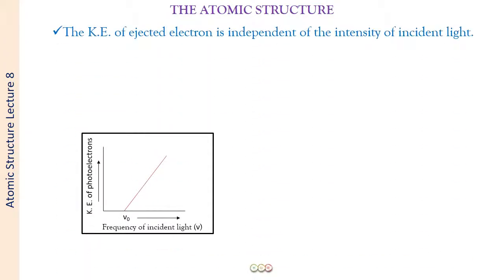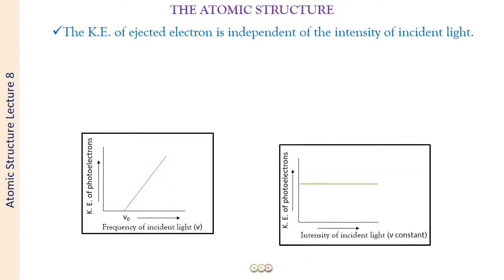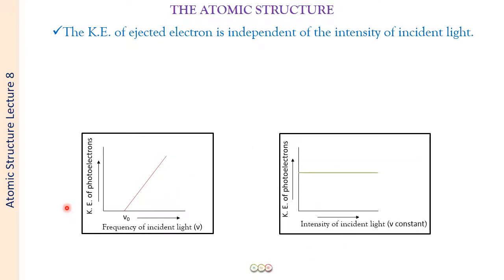So what we infer from the whole experiment is that the kinetic energy of the ejected electron is independent of the intensity of light and dependent on the frequency of the light, right? So you can see in the graph also that till the threshold frequency, there was no ejection of the electrons, and after the threshold frequency, as the frequency increases, the kinetic energy of the photoelectrons increases.